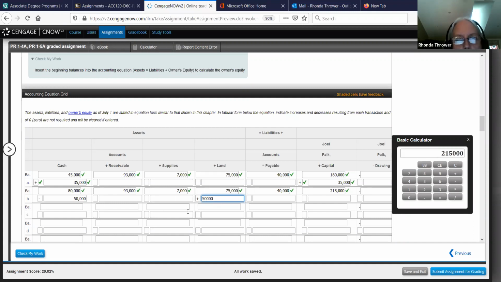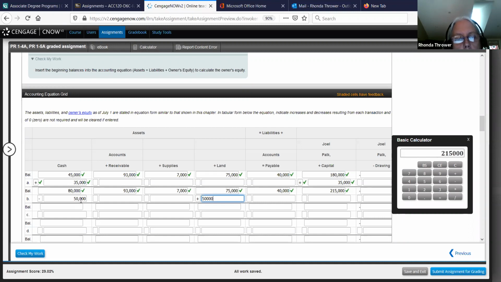So you can't have two parts to one side of the accounting equation. And this is an example of where this has happened. But every transaction must have at least two parts, like we talked about before. And every transaction, the accounting equation has to balance once you're through with that transaction.